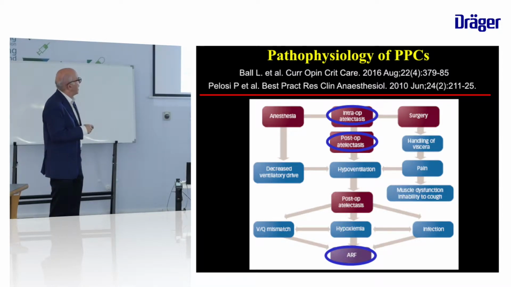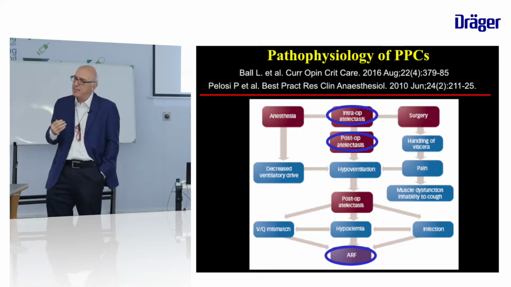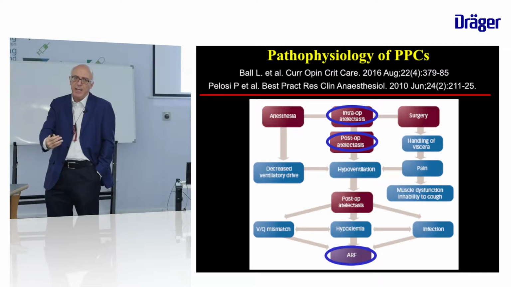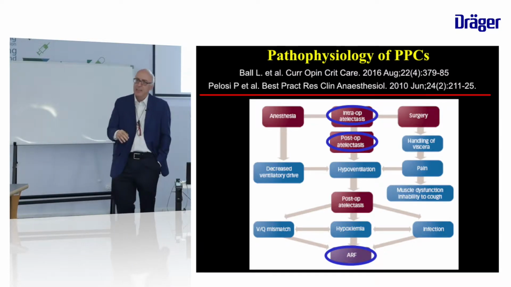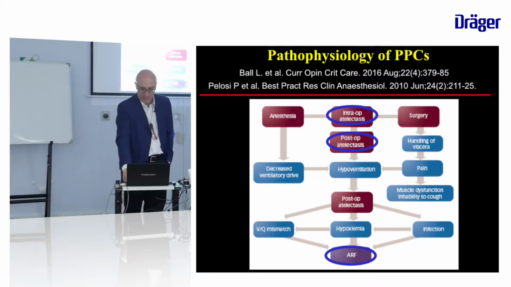We have intraoperative atelectasis, which can induce postoperative atelectasis, as I told you, and these might promote acute respiratory failure. So the idea is that if we reduce or minimize atelectasis during surgery, we have less atelectasis after surgery, and this might be associated with fewer complications. We don't discuss this now, but we will discuss this issue in the next lectures.